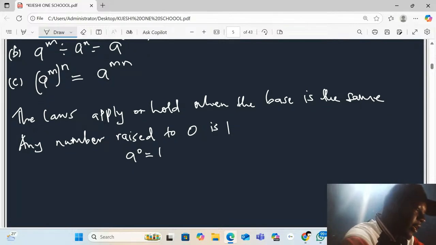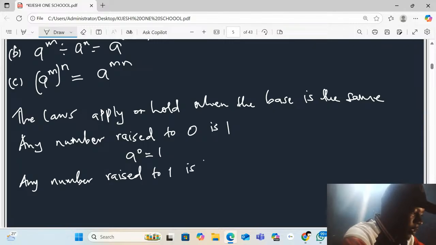And any number raised to 1 is that number.